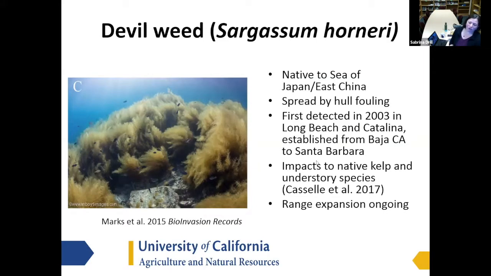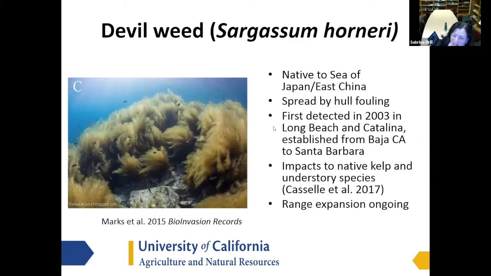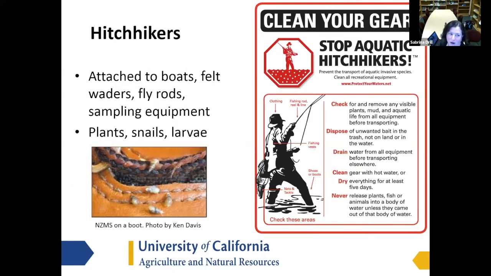It's native to Japan and the East China and South China Seas. It was first detected in Long Beach and Catalina, and now it's really spread from Baja all the way up to Santa Barbara. It impacts native kelp in the understory. Again, this is something that just covers every surface and is continuing to spread.